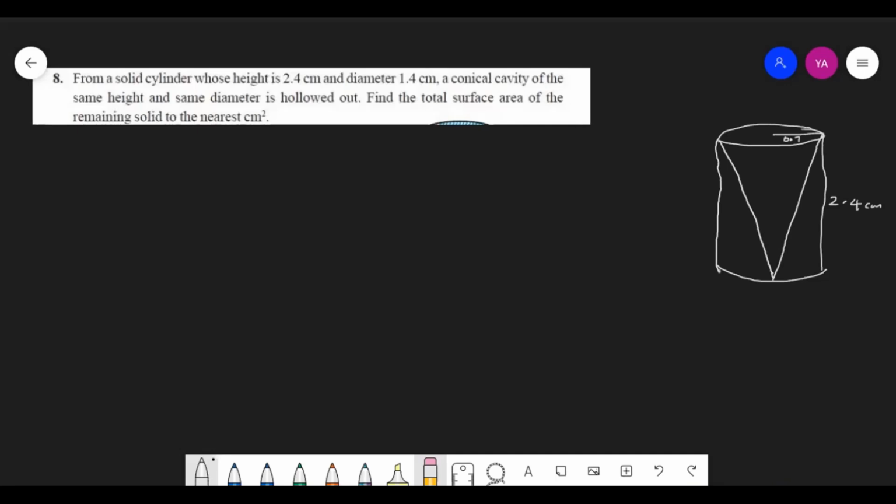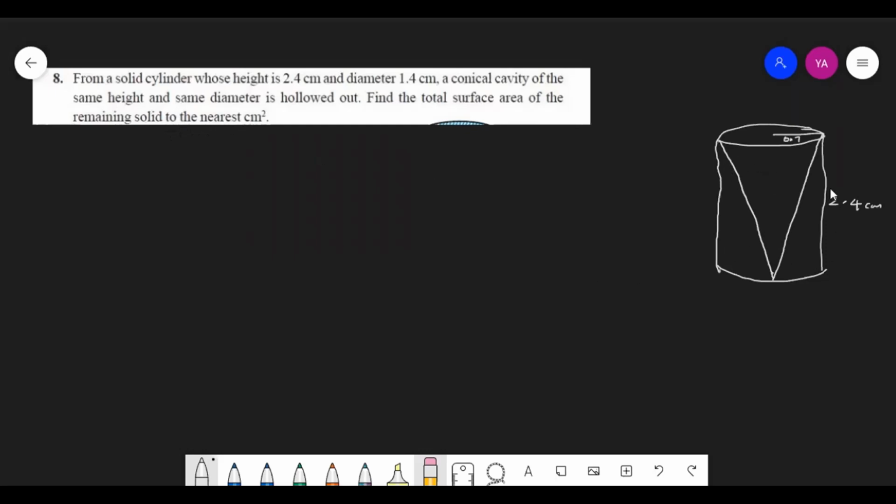Suppose this cylinder is made of wood, and such a cone is carved out, taken out from this wooden cylinder. So you can imagine the picture like this. Then what we have to find is the total surface area of the remaining solid to the nearest centimeter square.